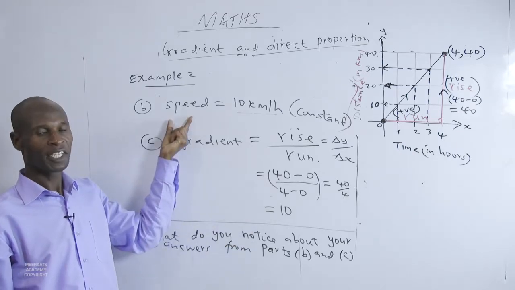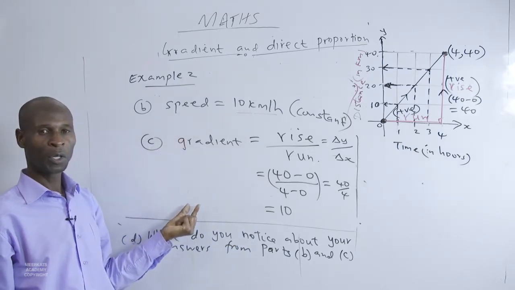So the rate of change of distance with the time is equal to the gradient.